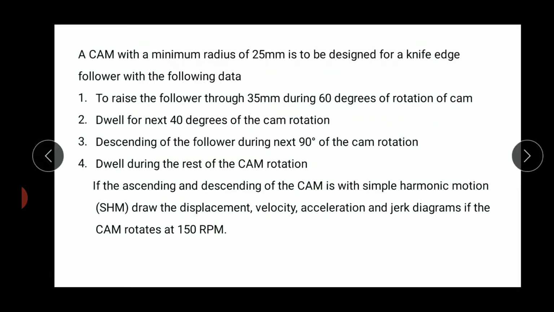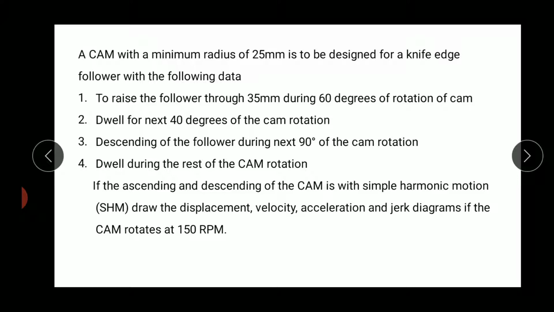A cam with minimum radius of 25 mm is to be designed for a knife edge follower moving with the following data. One thing you should remember here: if you are solving a numerical in which you have to plot displacement, velocity, acceleration graphs, but you are not going to plot the cam profile, then whether it is a knife edge follower, roller follower or some other follower, it doesn't matter.